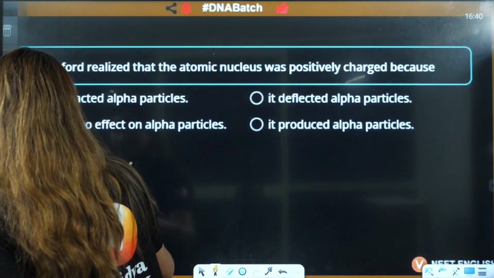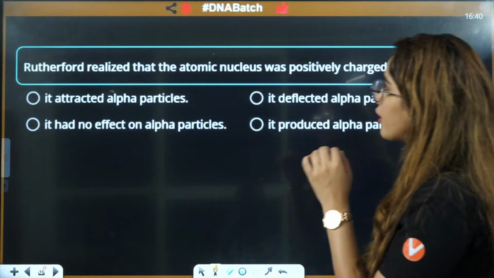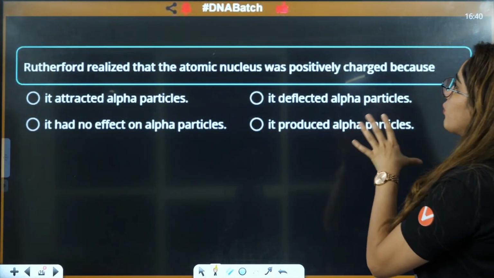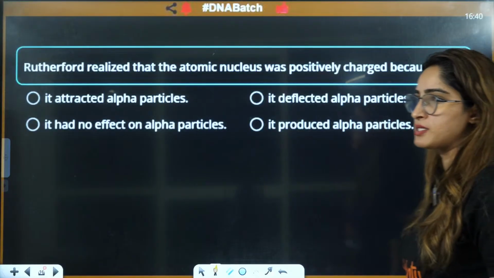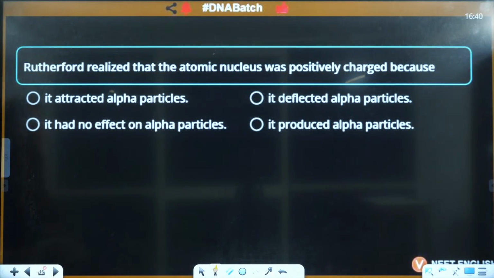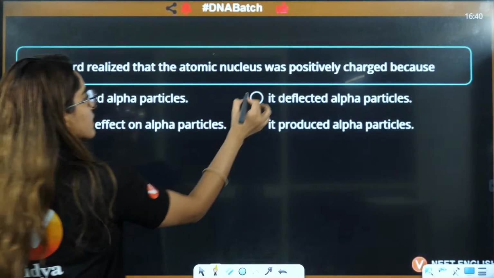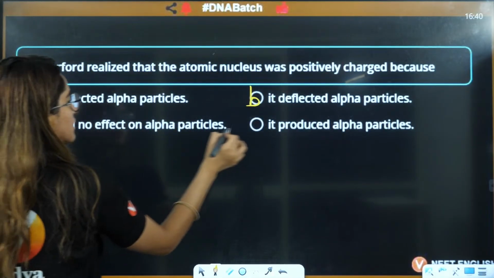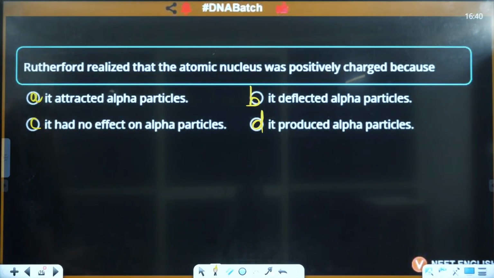Then let us see the third one. Rutherford realized that the atomic nucleus was positively charged because... how did he realize that the atomic nucleus was positively charged? This is A, this is B, this is C, this is D. Let us see who is going to answer this.